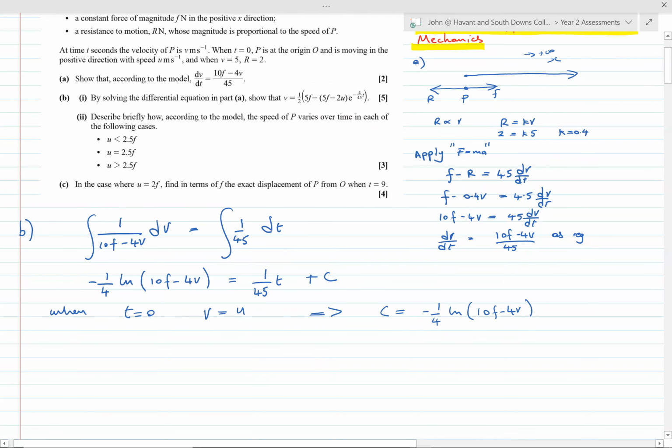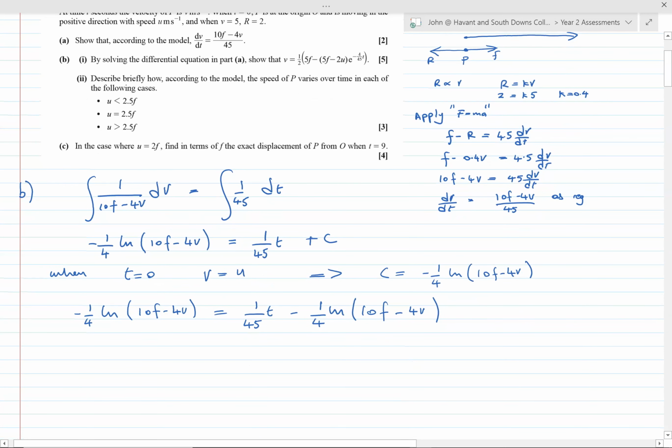Okay, so let's put the c back in. So we get minus a quarter ln(10F minus 4V) is equal to 1 over 45 t minus 1 over 4 ln(10F minus 4u).